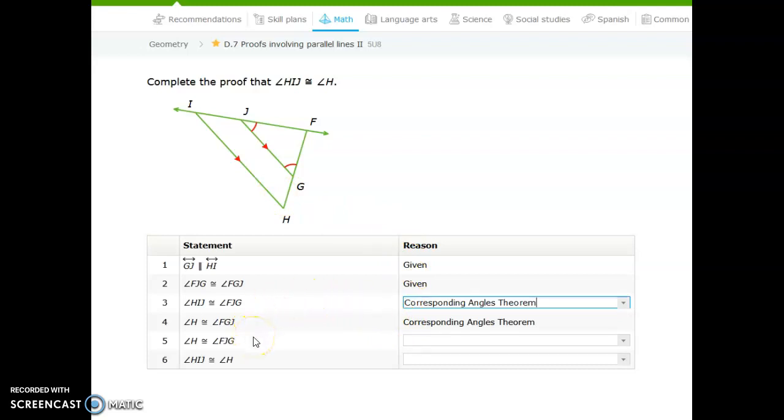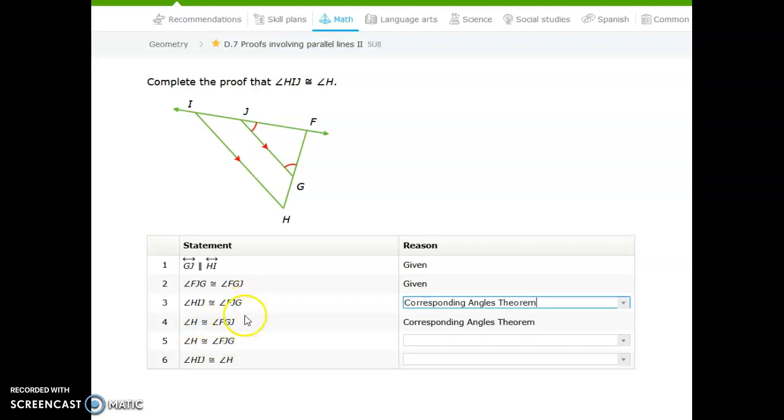The next line says angle H is congruent to angle FJG. Now, we could go back and look at the figure and see if there's a reason based on the figure that these two are congruent. But I'm seeing these angle names, these angles in the previous line.